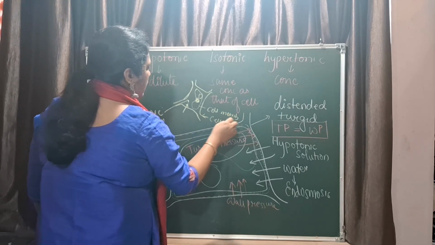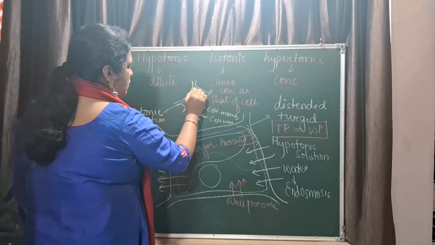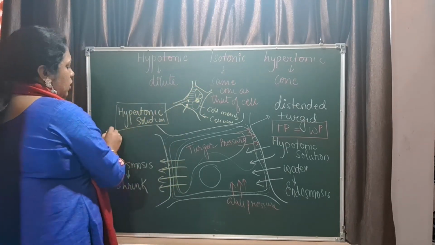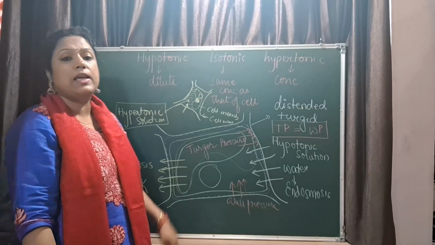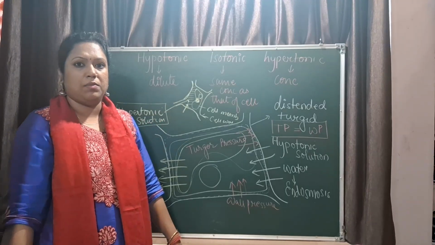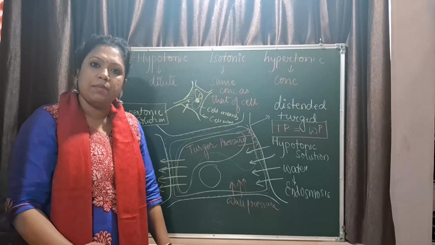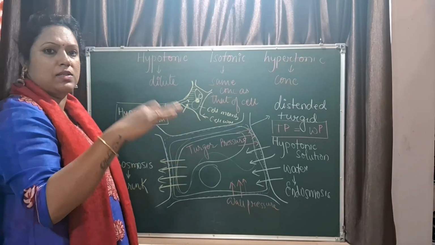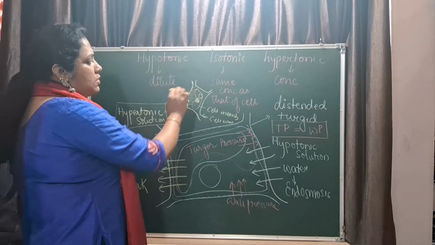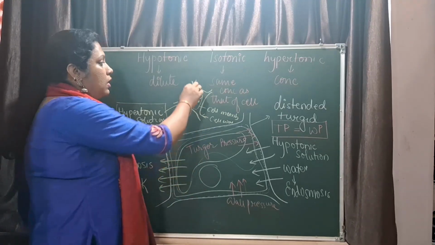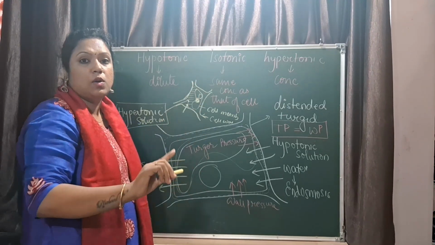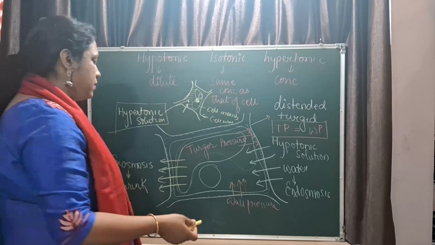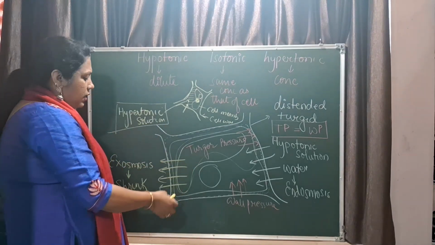The space between the cell wall and the cell membrane is filled with hypertonic solution, because the cell wall is freely permeable and the cell membrane is semi-permeable. So the cell wall allows whatever solution the cell is in to be present between the cell wall and the cell membrane. It's not only water, it is the entire hypertonic solution. And the cell will shrink.